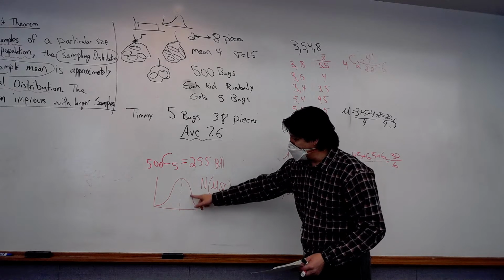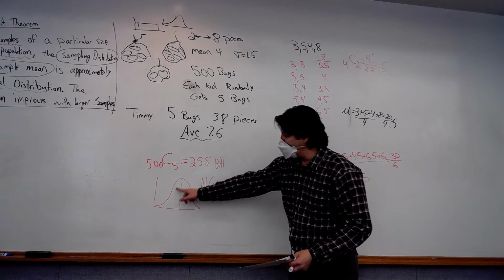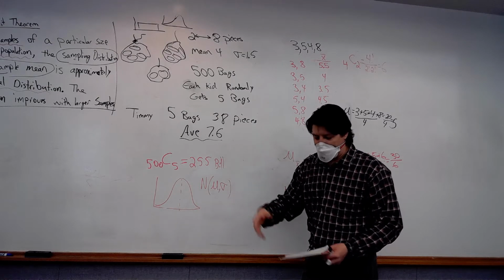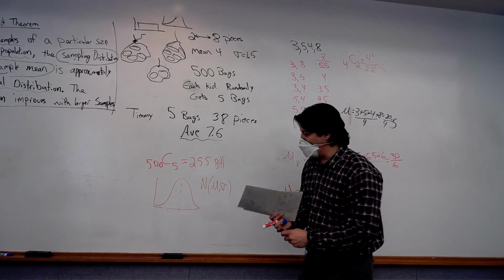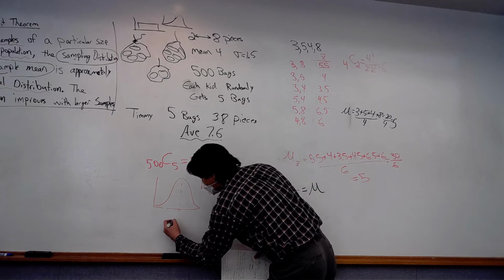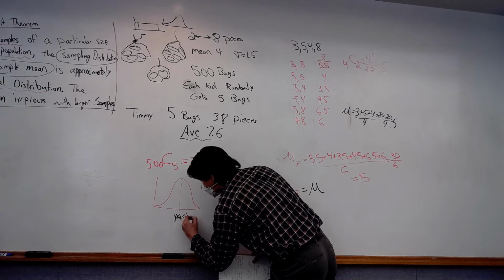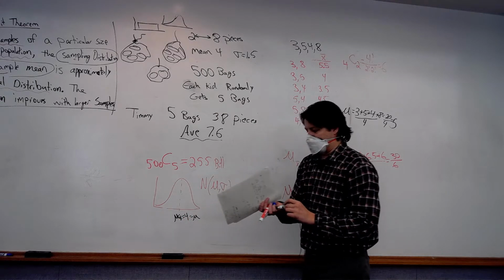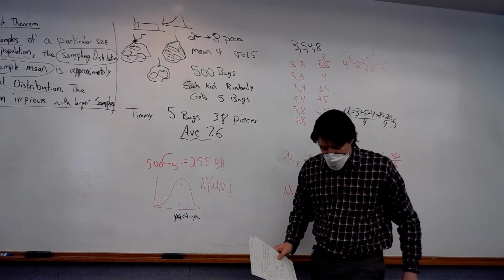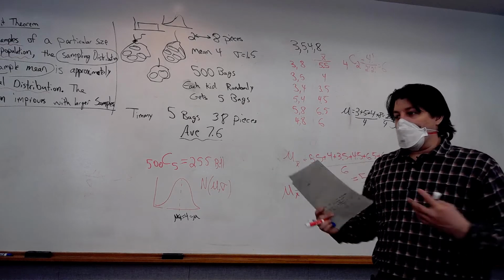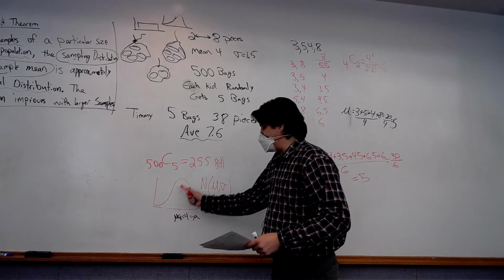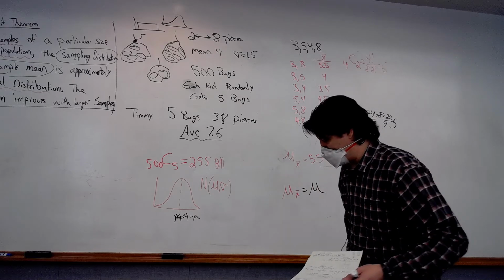This includes all 255 billion, too many to do by hand, but what we know is that this mean is 4 because it is the population mean. So we're halfway to describing this distribution of the sample means.